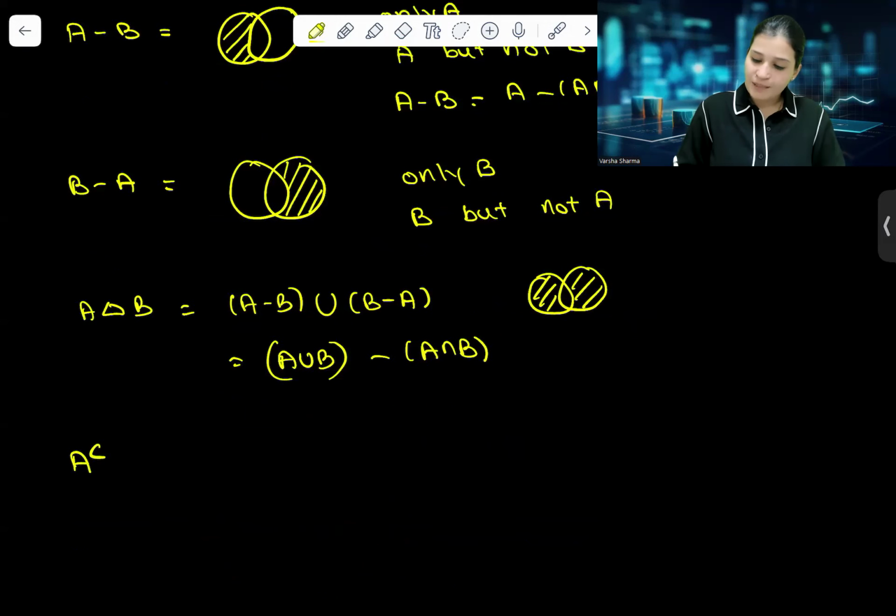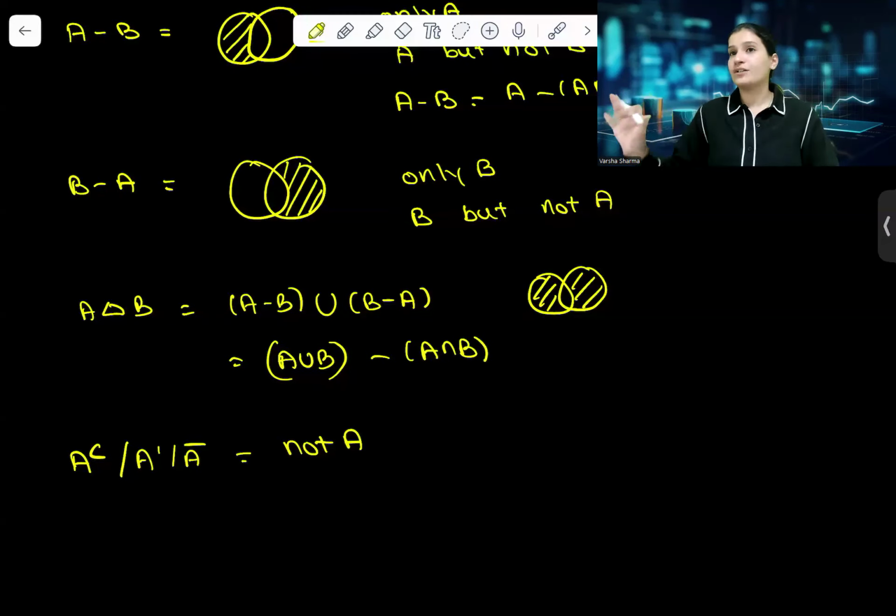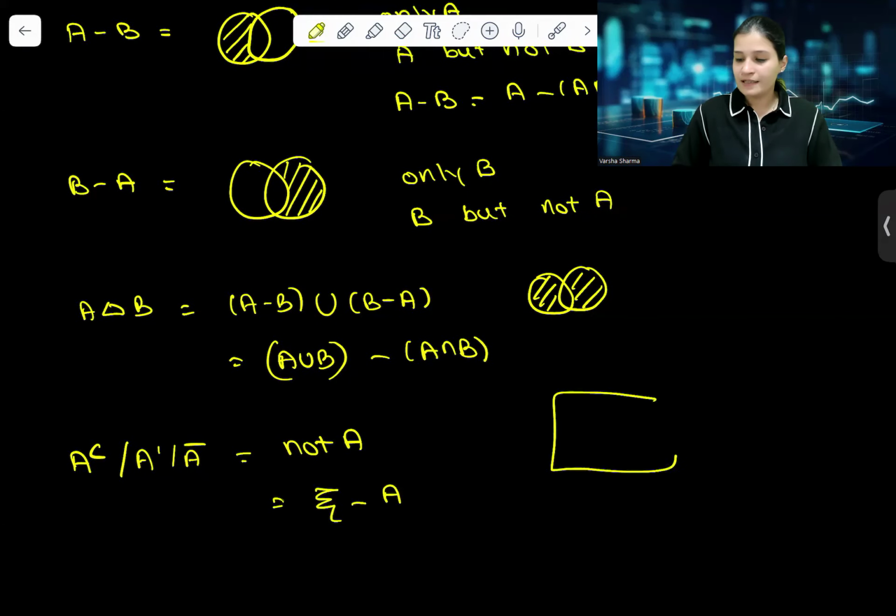Then we had A complement. That was not A. Something that does not belong to A. It has no connection with B. That is the universal set minus the set A. If this is A, the outside region is A complement. So whenever I want to find the complement of any set, I'll subtract that set from the universal set.